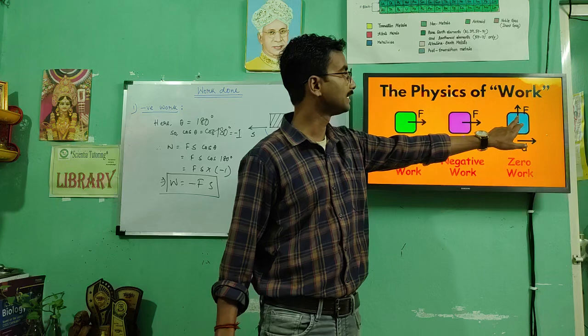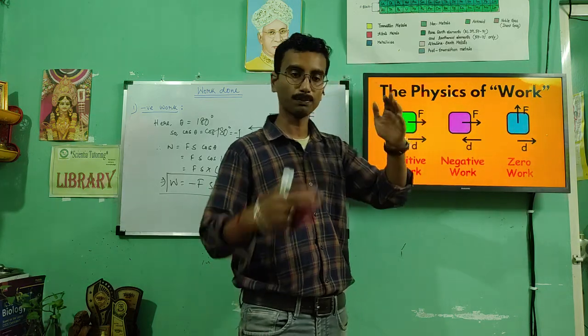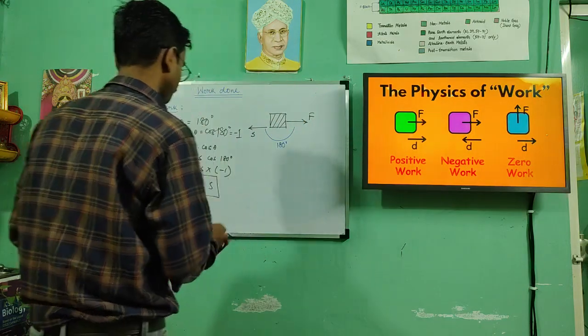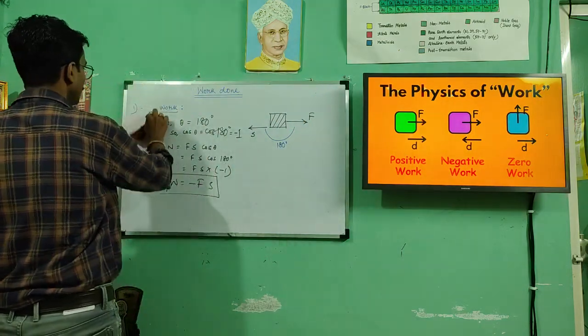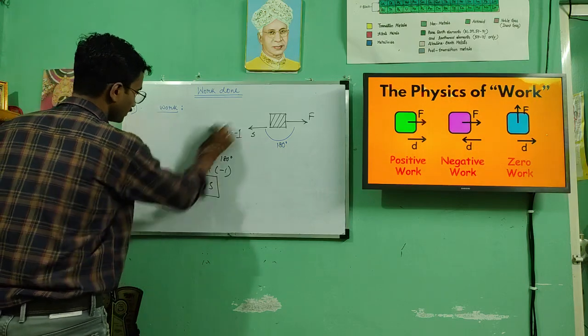The third one is zero work done. For zero work, the angle between the force and displacement will be 90 degrees, or perpendicular.